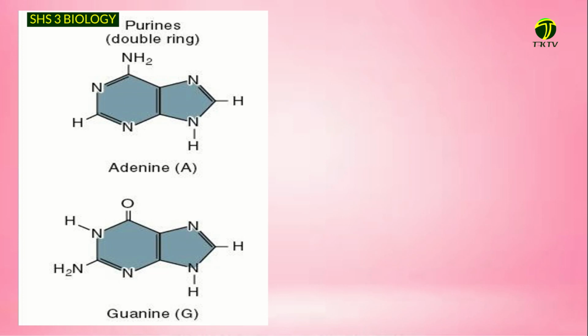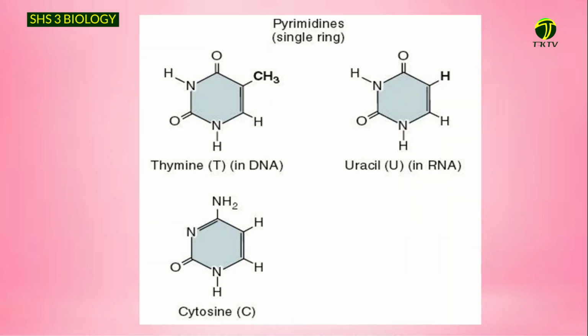So the purine bases, we have the adenine, denoted by capital A, and the guanine, also by capital G. Then the pyrimidines, the single rings: thymine, uracil, and cytosine. Take note, the difference is the ring. Here, only one ring, and the purines, double rings.